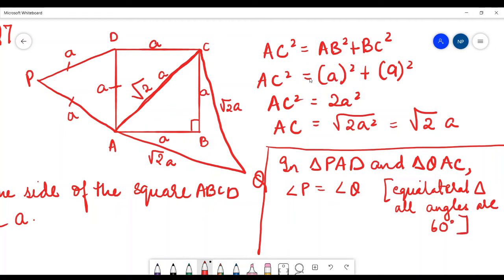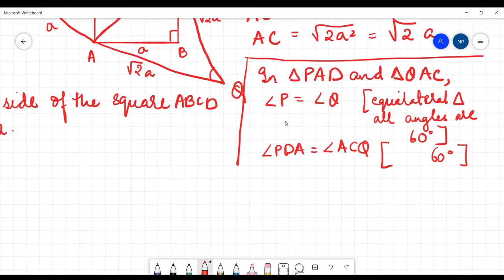Then we are going to take any other angle you can take. I have taken these two triangles. Let us take this particular angle. We can write angle PDA is equal to angle ACQ. Again we will give the same reason, 60 degrees, equilateral triangle, all angles are 60 degrees. Now both the angles are 60 degrees.